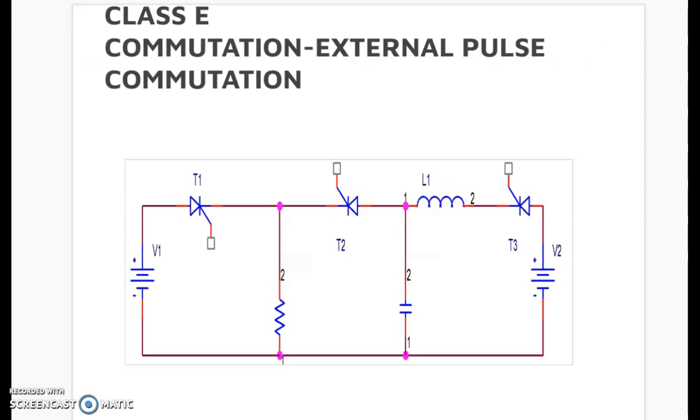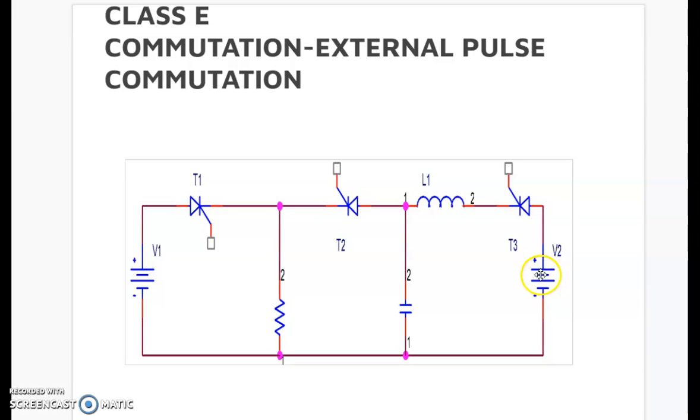Next is class E commutator or external pulse commutation. In this there is a thyristor 1, a thyristor 2 and another thyristor. This is the load. The positive DC voltage is given here, and there is also another positive voltage given here.